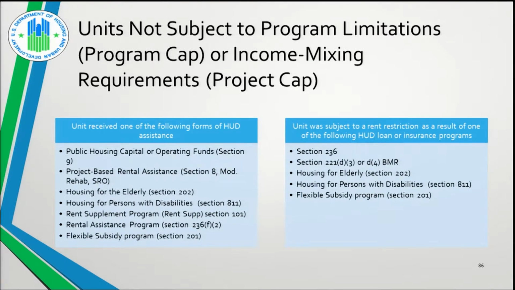On the left side of the slide, you will see the types of HUD assistance a unit may have had to qualify for this exception. A unit subject to a rent restriction as a result of one of the HUD loan or insurance programs is listed on the right side of the slide. These exceptions are listed in Attachment F of the notice.